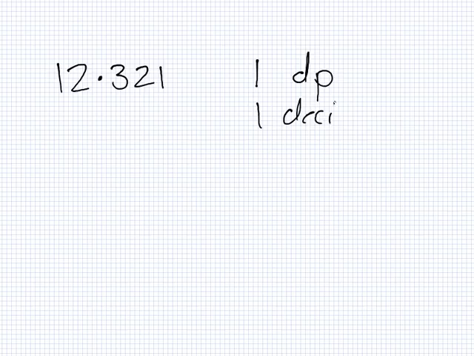Yes. Yeah. Okay. Some vocabulary. So, for example, if you have a number like, let's say, 12.321, and then I ask you for 1 decimal place, we'll say, 1 dp, 1 decimal place, or just 1 dp for short.